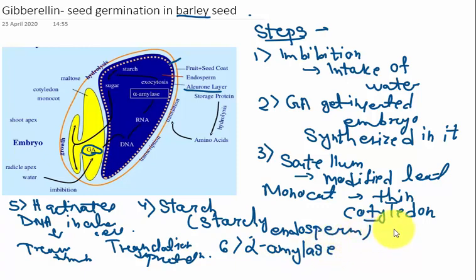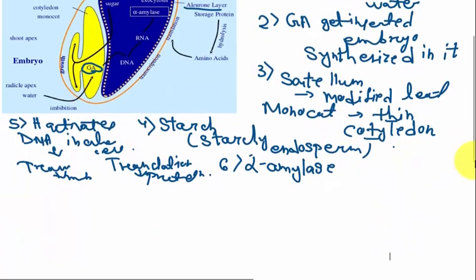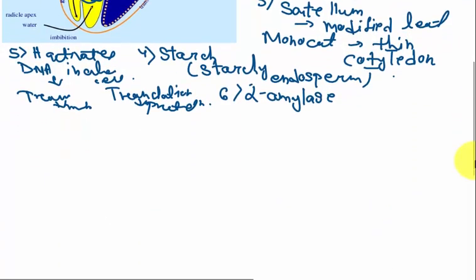So they are induced to synthesize and secrete alpha amylase, and not only alpha amylase but other hydrolytic enzymes, and this process is called the mobilization of the stored food. The amylase enzyme goes to the endoplasmic reticulum and then to the Golgi apparatus, and then it is packed into vesicles.